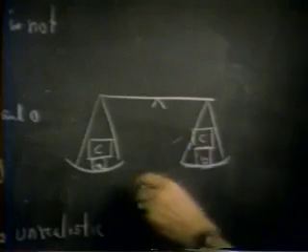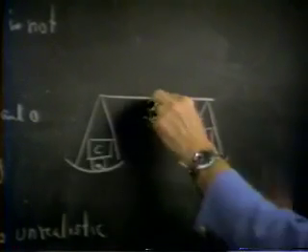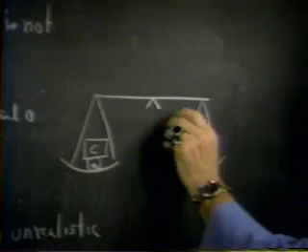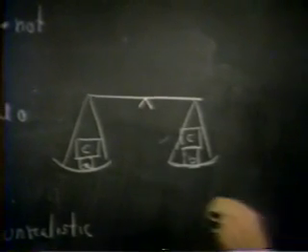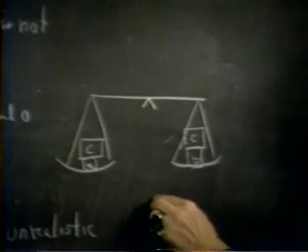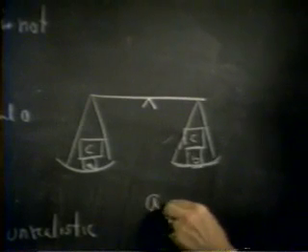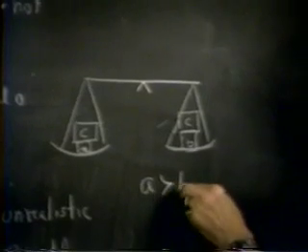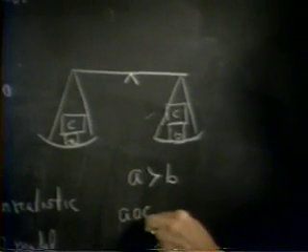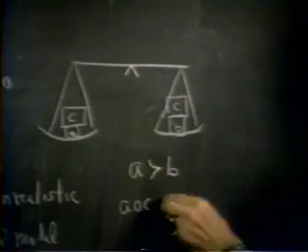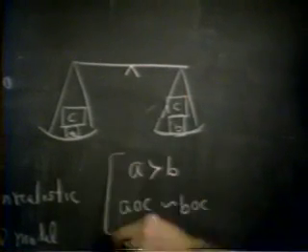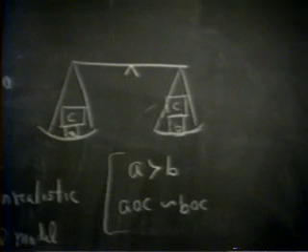The effect is to increase the total mass on both sides, therefore increase the pressure at this point and make the scale less sensitive. And so one might very well find that A was strictly greater than B, but then when I concatenated A with C and B with C, there's enough friction that this became an indifference. That kind of violation is to be expected.